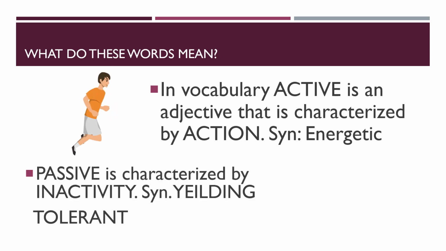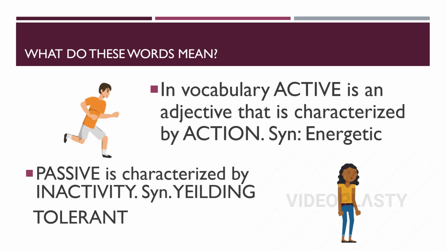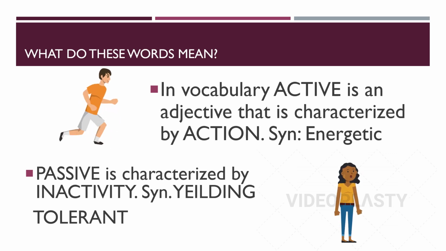Passive is characterized by inactivity. Synonym yielding and tolerant, meaning walang ginagawa, kaya nga inactivity. Look at this clip art. So parang tamlayin siya. Those are the differences of the word active and passive voice.